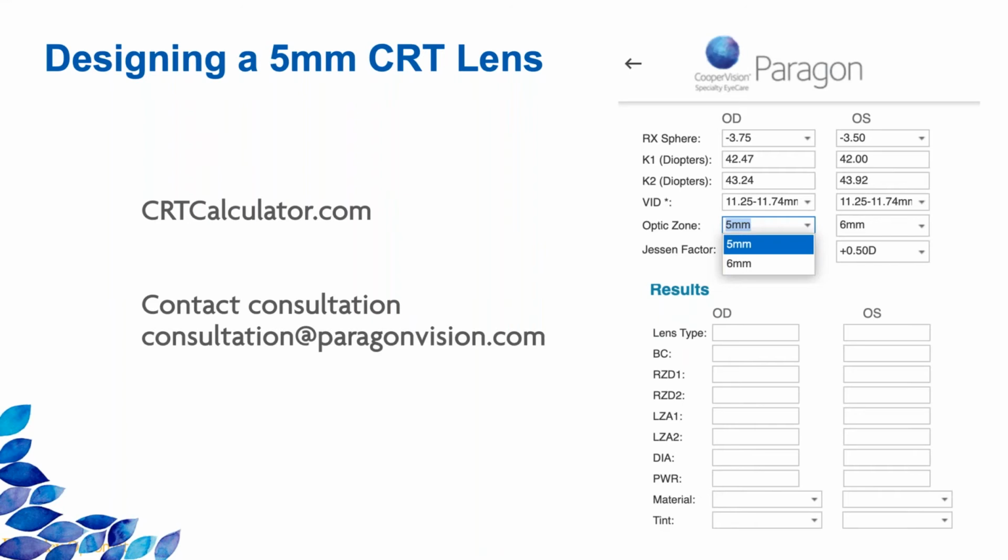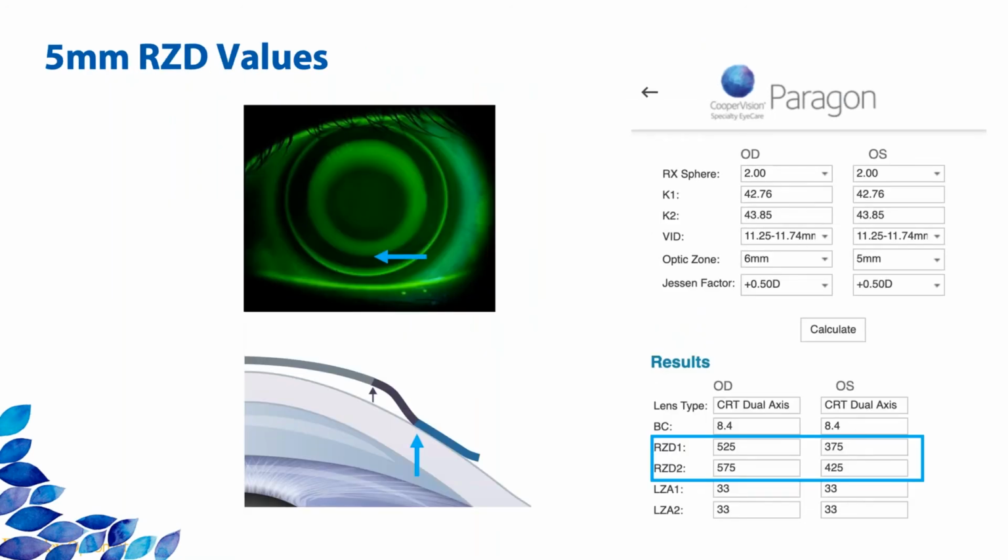If we go to the next slide, we can actually see how the 6mm calculations can slightly differ from the 5mm calculations. So if you look here, we have the same patient with the same keratometry values, same RX sphere, same visible iris diameter, but in the right eye, we specified 6mm versus in the left eye, we specified a 5mm OZD.